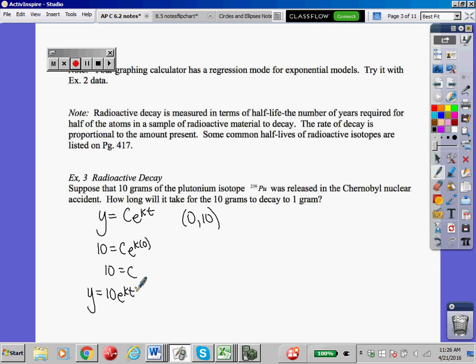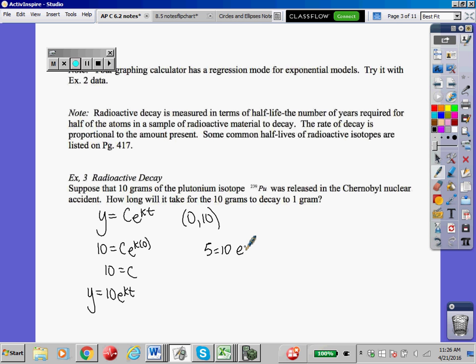Now something else that's inferred about half-life. If I start with 10 grams, how much would half be? 5 grams, okay? So let's think about this. I would end up with 5 grams, but the half-life, I think we need to open your books to page 417.